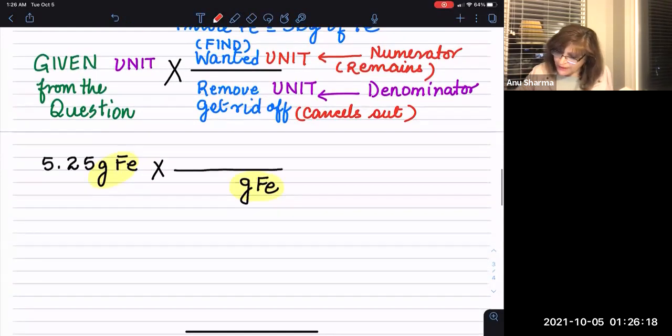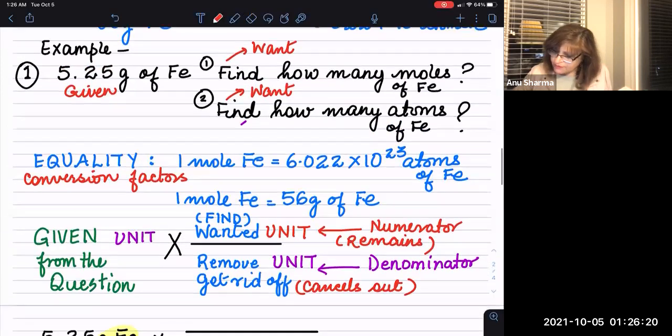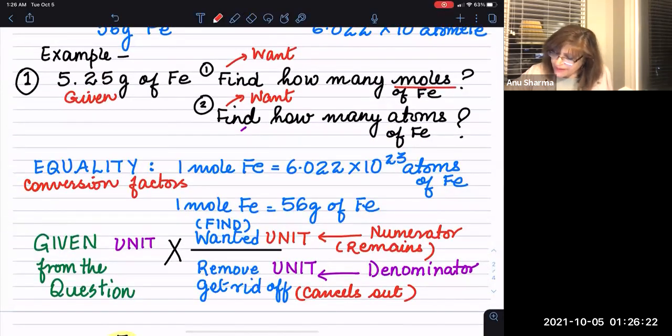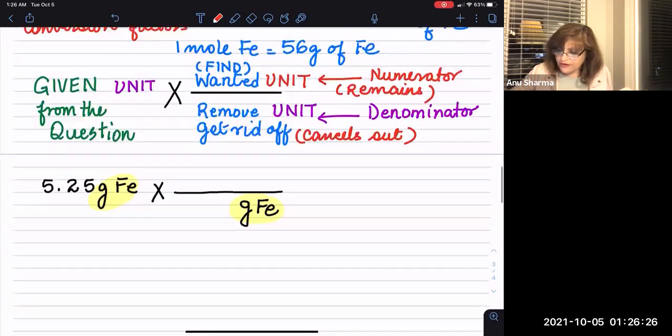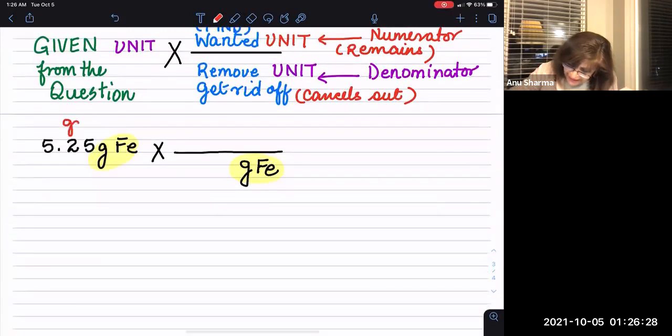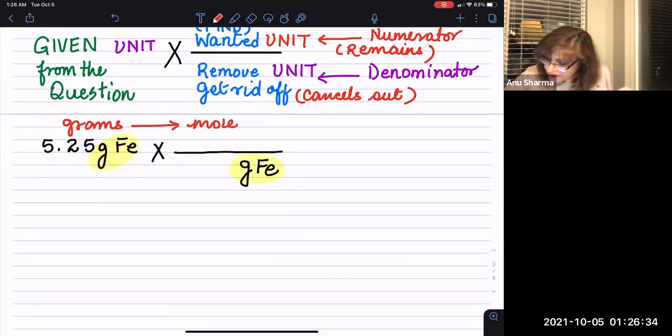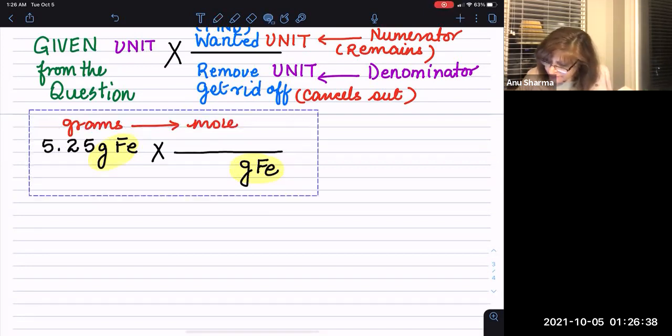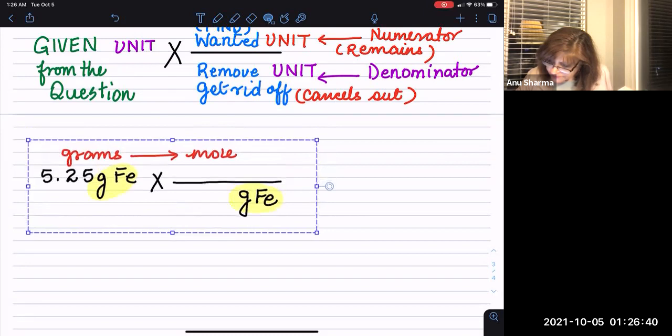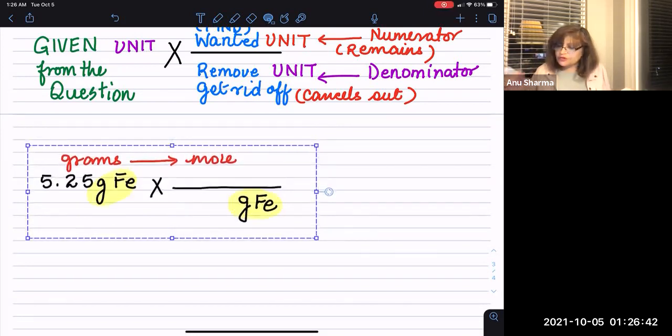Now the first step is to find how many moles. Basically you are given the grams and you are trying to find the moles. So this is a grams to moles conversion. Okay, and I'm going to do this a little bit lower. Grams to mole conversion.